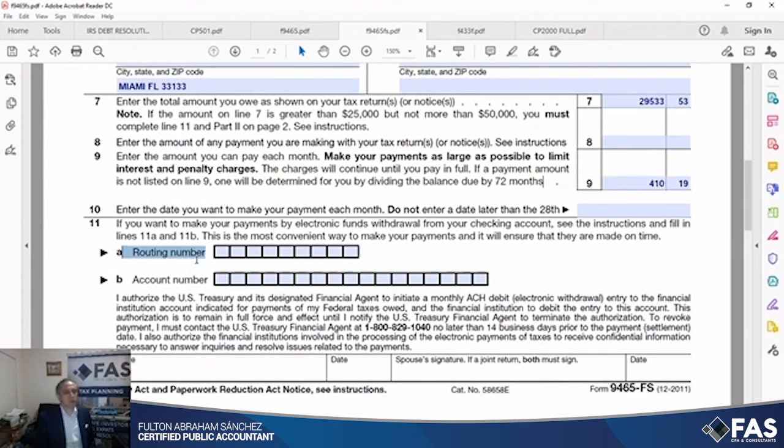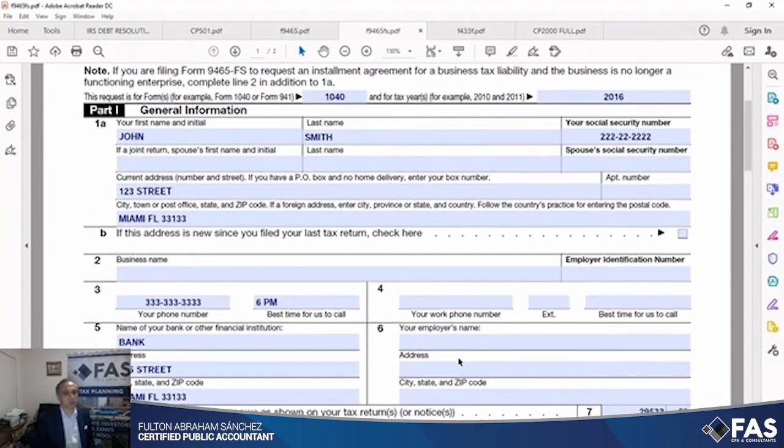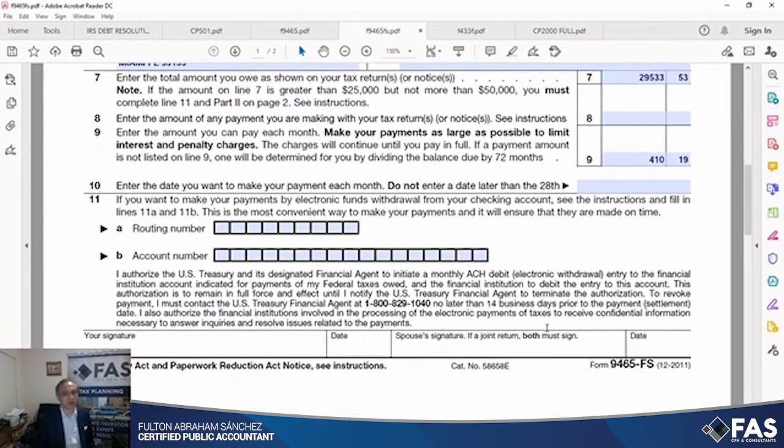You go with the routing number and account number, you sign, your date, and if your spouse is also there, your spouse also needs to sign. You need to put the name of your spouse on the general information on the form, name and last name and social security number, same as your tax return.